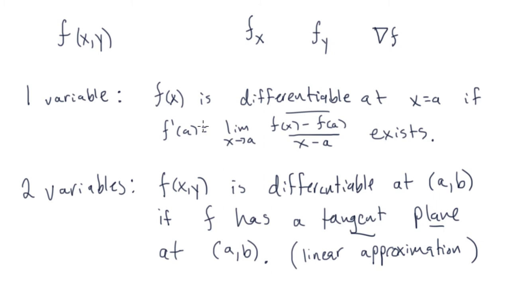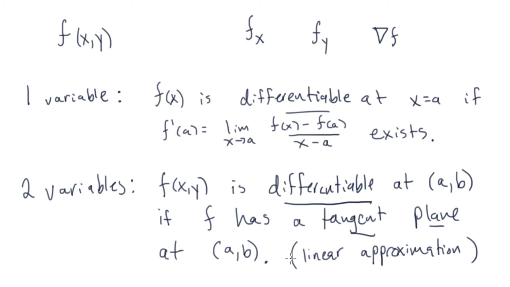Okay, now we're in two variables. We have a lot more directions. Well, what is a linear approximation of a function of two variables? Well, it's not a tangent line, it's a tangent plane. So if we have a tangent plane approximation, then this function is said to be differentiable. And I realize that I haven't really given you a way to find a tangent plane, but I just want to make this connection that differentiability is really related to this idea of a linear approximation at a point.